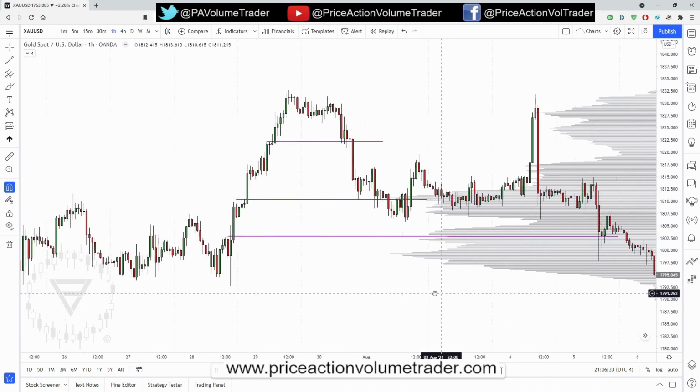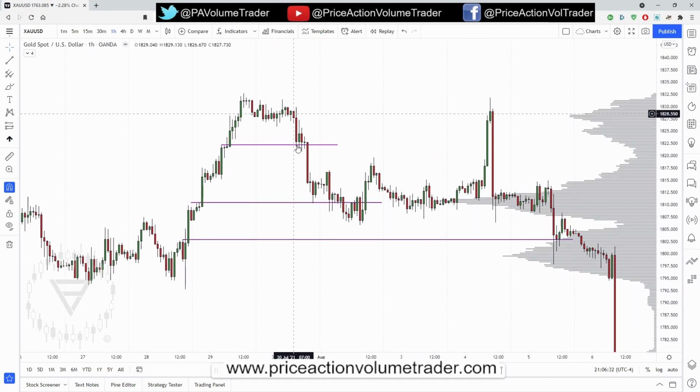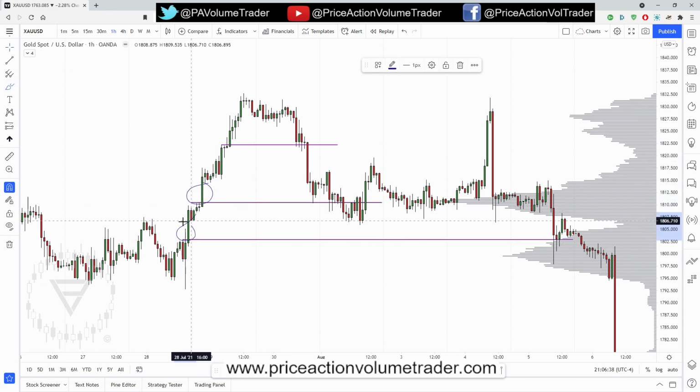So then, for example, as you can see here, just when we come down, you can see how all these gaps, in this case that I marked over here, they get filled back up. And once they get filled up, we usually have some kind of stalling in price.